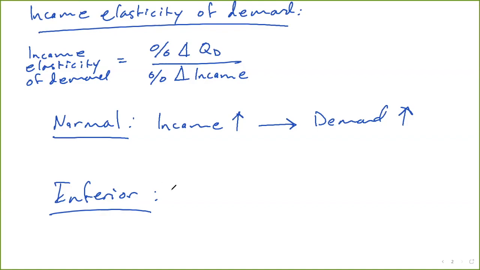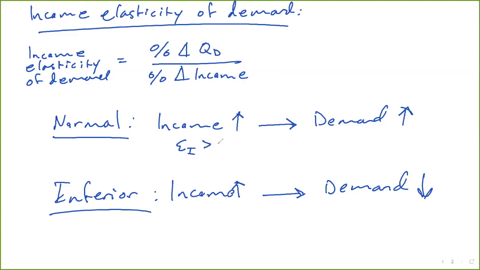And an inferior good was one where income increases, but that causes demand to decrease. So what that means is for a normal good, the income elasticity is going to be greater than 0. And for an inferior good, the income elasticity is going to be less than 0.